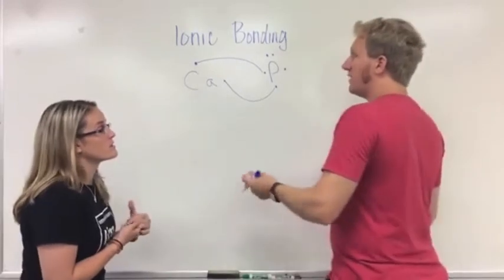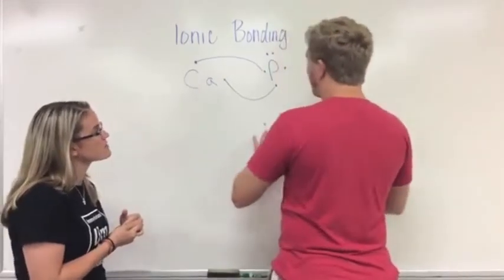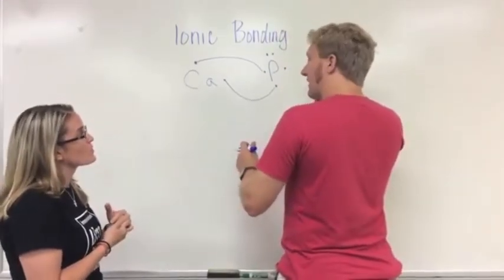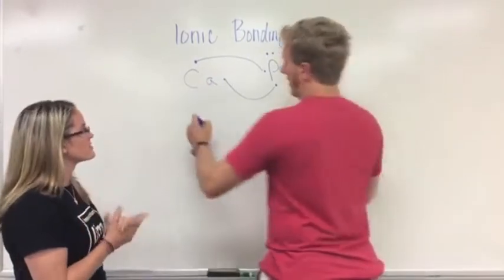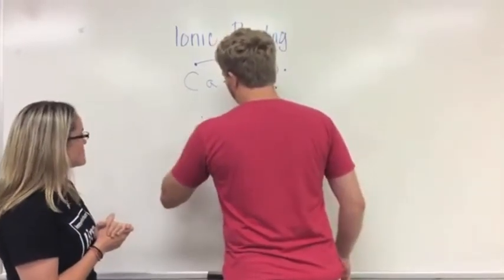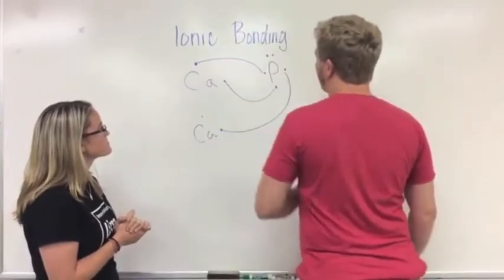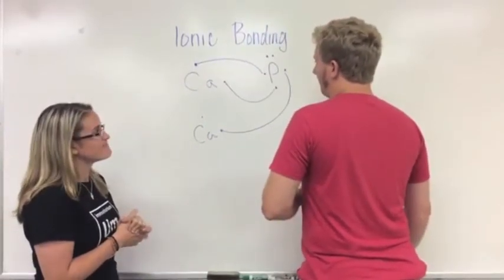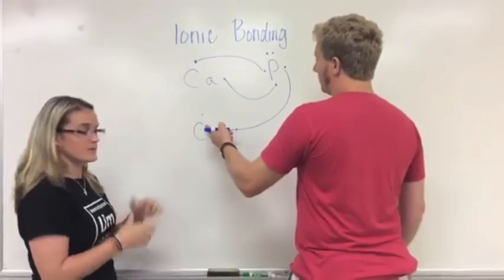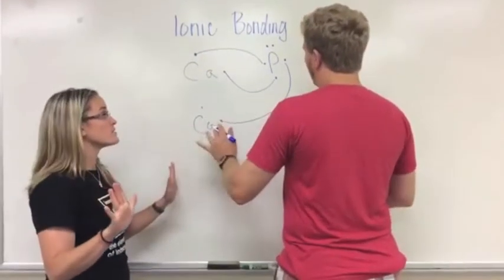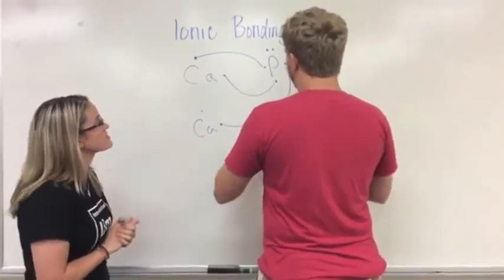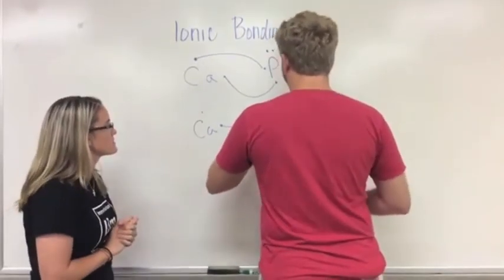Well, last time we added another chlorine. So I can add another calcium? Exactly. So here's calcium with our 2. It's going to get rid of its 1. But now I've got an extra one here. Well, we've got to give them all away. So what should I add next? So then I guess in this case I can add a phosphorus.